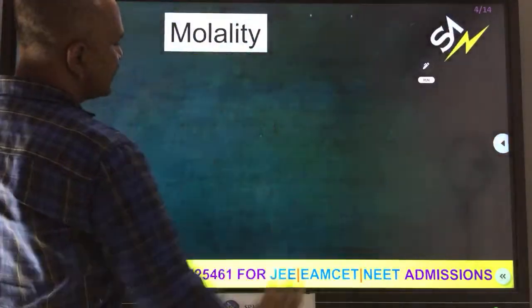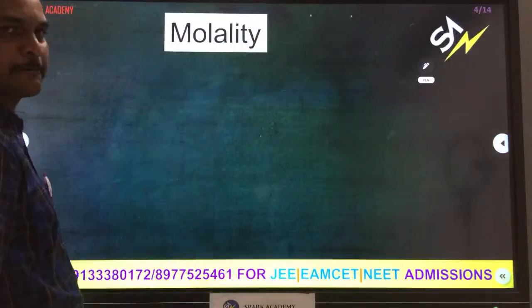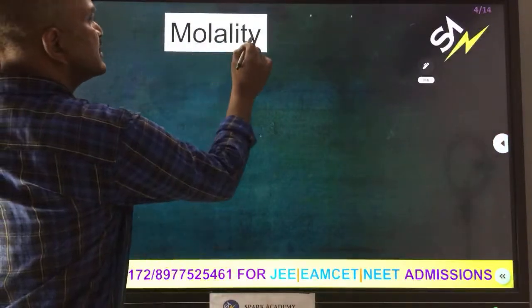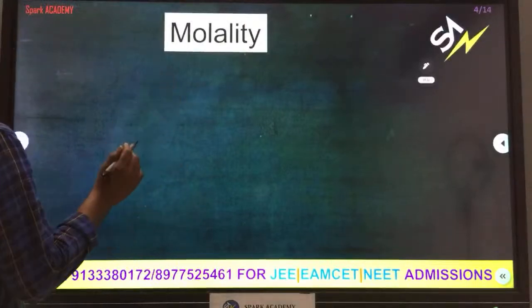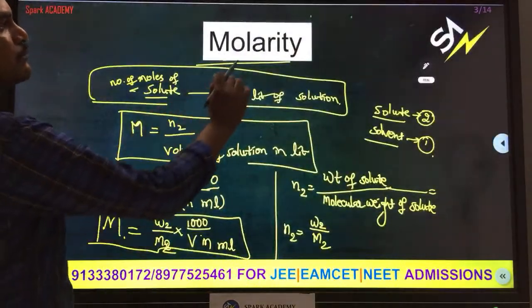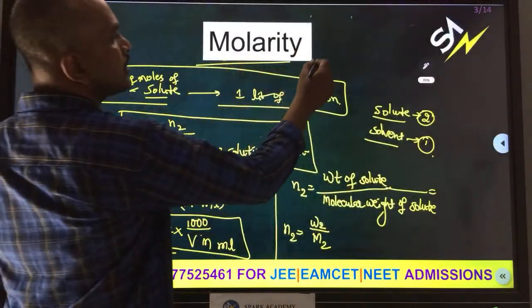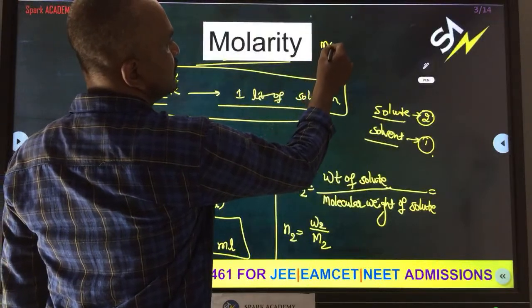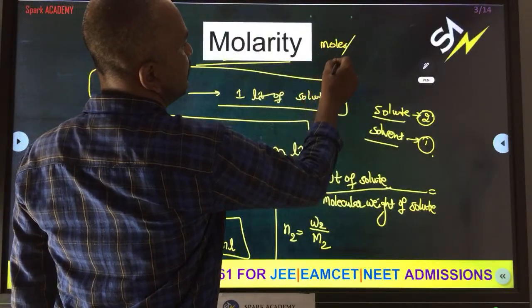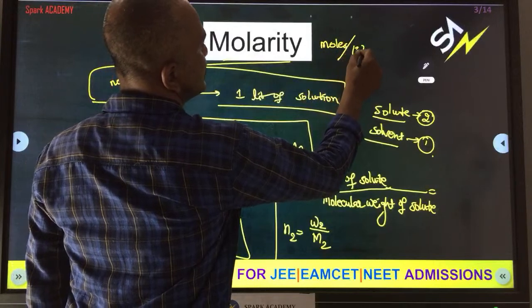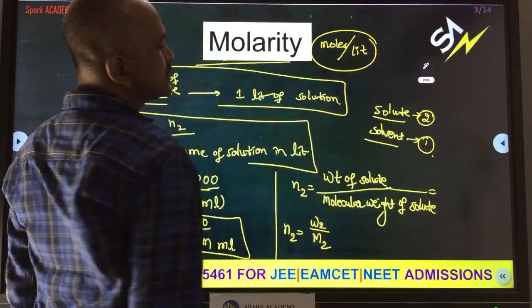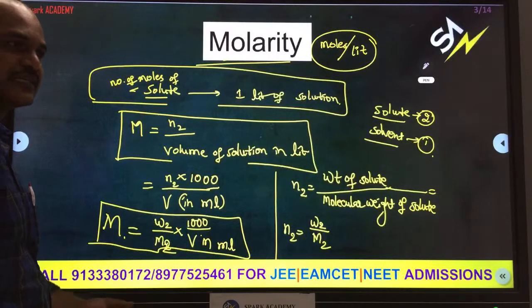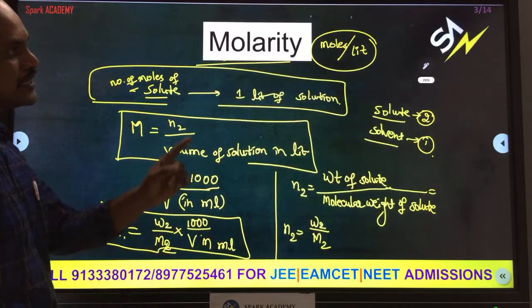Now let us see about molality. The difference is this. Molarity, just before this, has units of moles per liter. In milliliters also we can change, but generally it will be in liters.